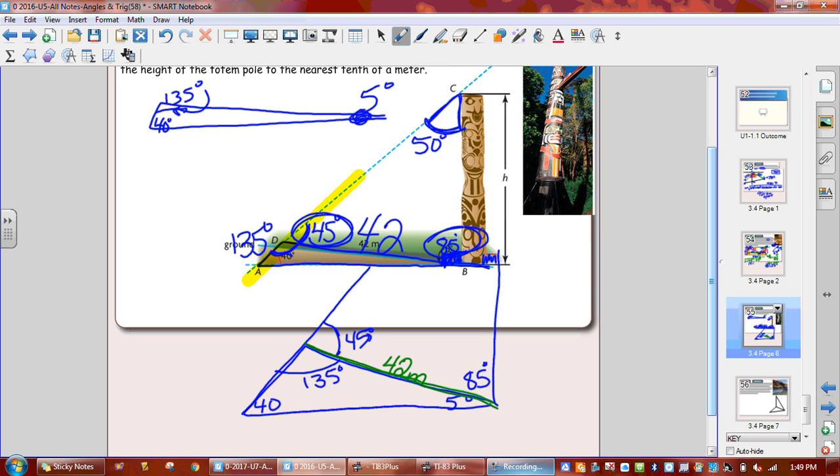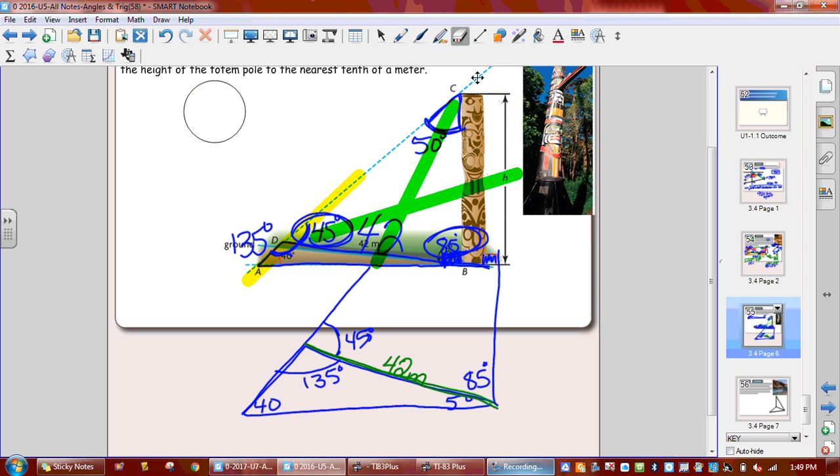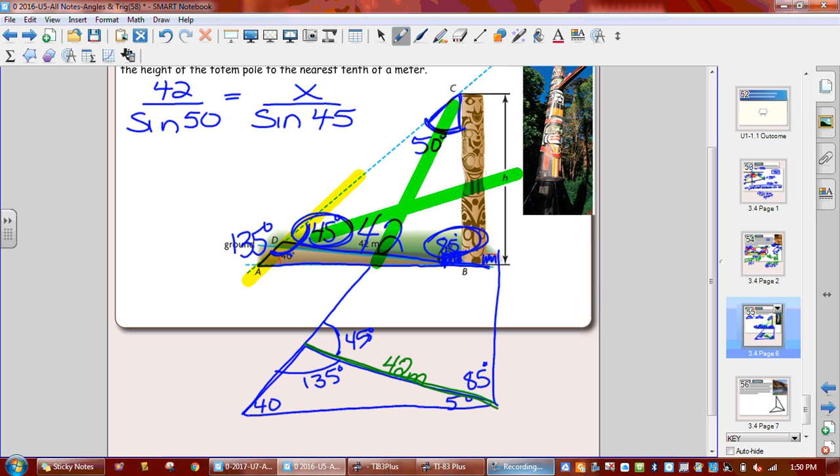So now we have to use our opposites rules. Let's find our opposite pairs. I have an opposite pair here, 50 and 42, and I need to find H. Who's his opposite? 45. So we're going to have 42 over sine 50 equals x over sine 45.